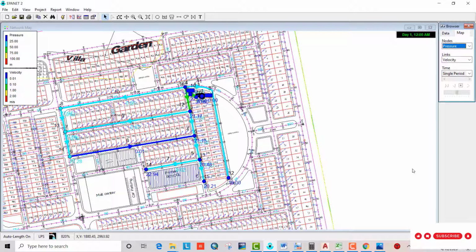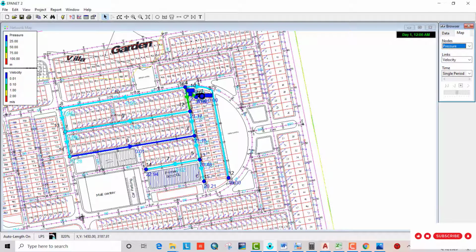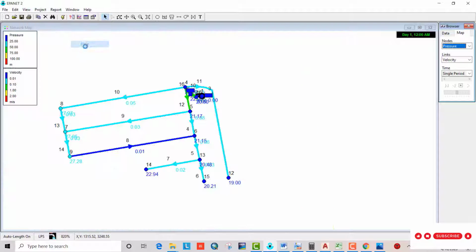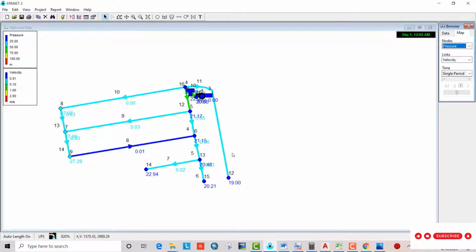Okay, you see the size of flow and the direction of flow, and also from report, we hide the background. Okay, you see the pressure.